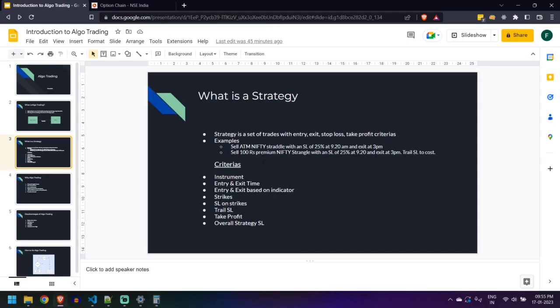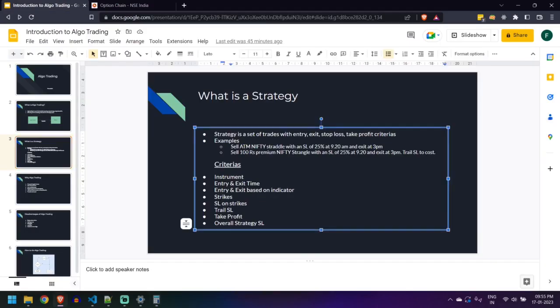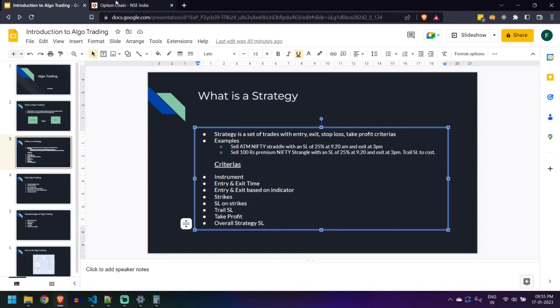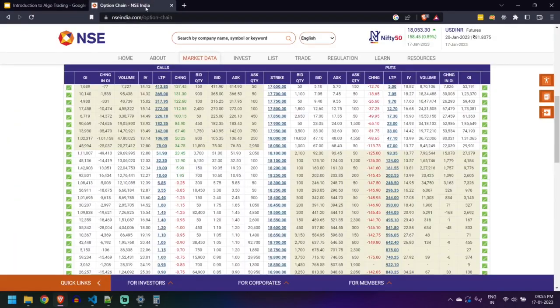So that is straddle. So coming to strangle. Strangle is nothing but you sell either equidistant from the spot or equal premium strikes. So here I have told 100 rupees premium Nifty strike.